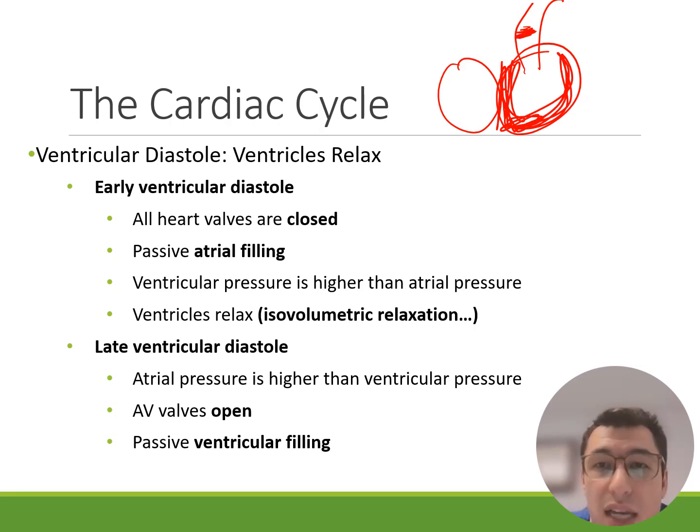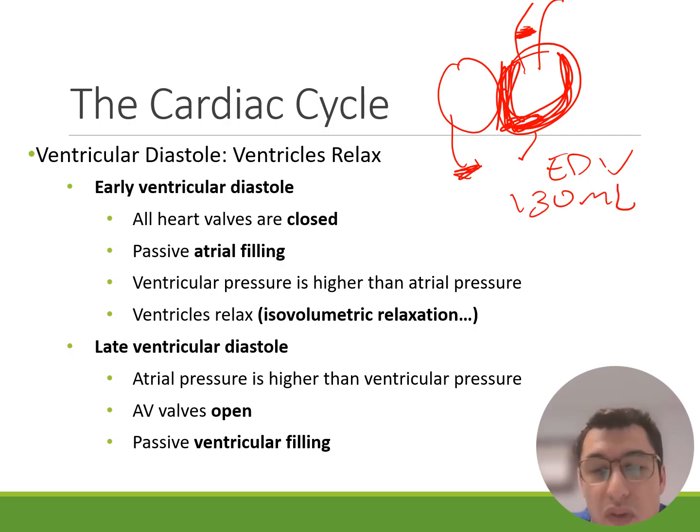Now, the volume that we're ejecting from the left ventricle is the same as in the right ventricle, which at the end of diastole, the end diastolic volume, will be 130 mLs for both ventricles. But the right ventricle doesn't have to have that big of a muscular pump because it is only trying to send blood to the lungs.